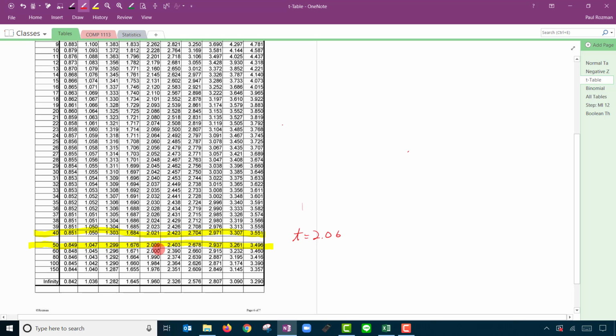It's not in the table. It would be between these two if I had a degrees of freedom of 40. And it would be between these two. Oh no. Would it? Oh, this is kind of tricky.